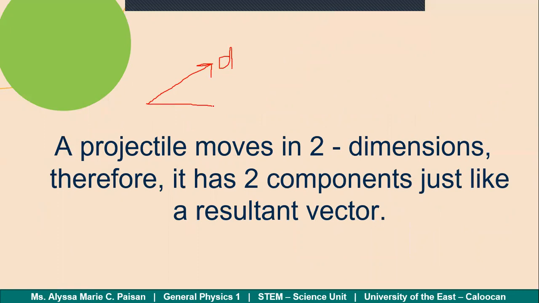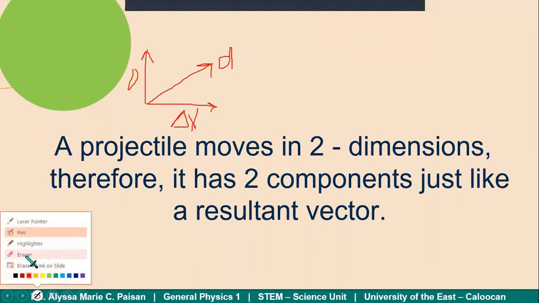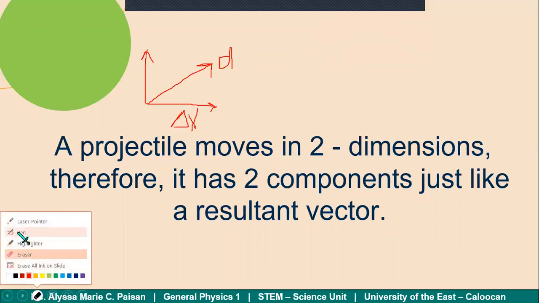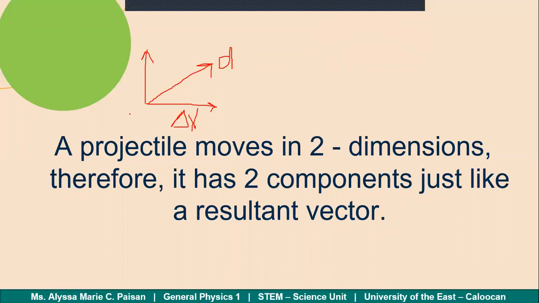Our displacement will have the delta x, which is the x component of the displacement, and then the delta y, ito naman yung delta y natin. That's the vertical component. And of course, kasi nga kapag motion, we use the kinematic quantities to describe them, no?